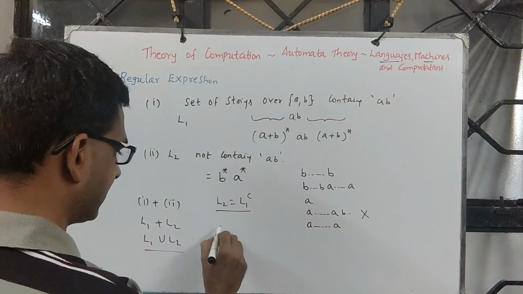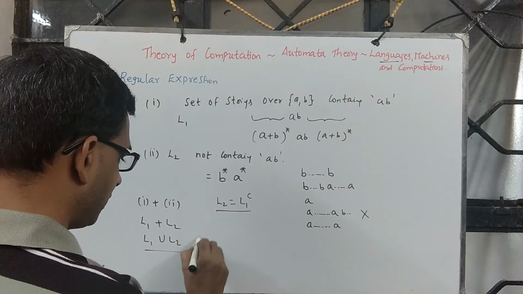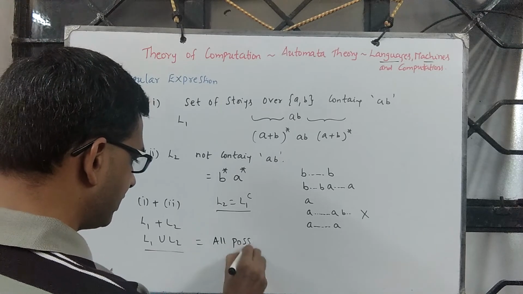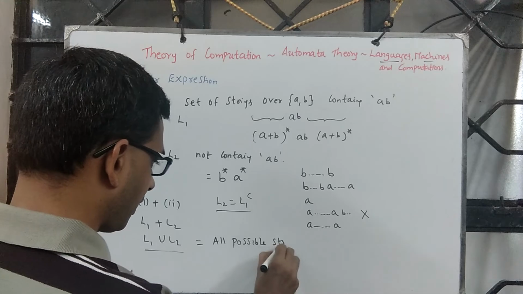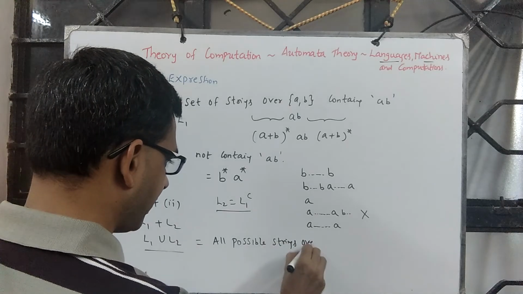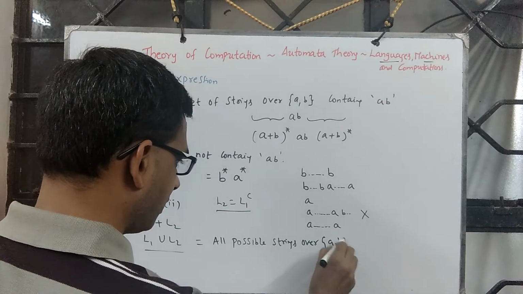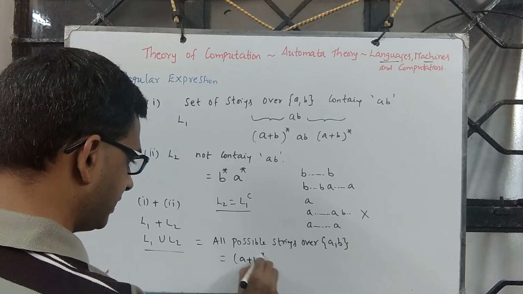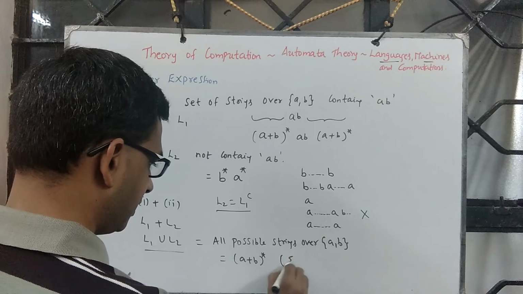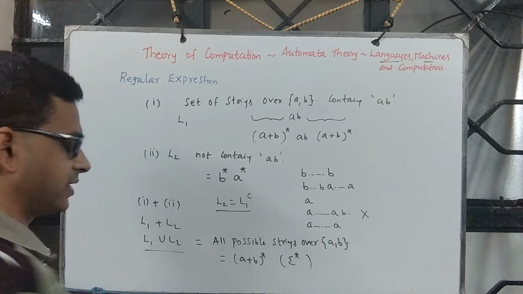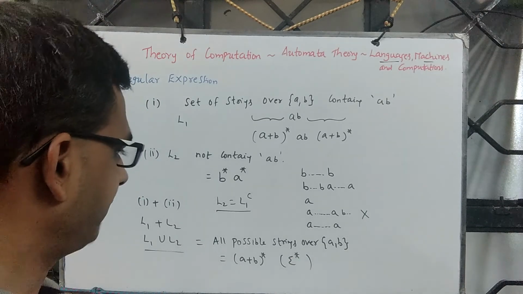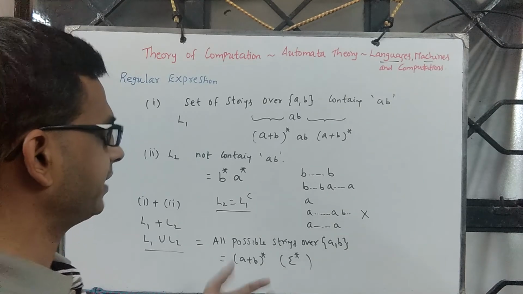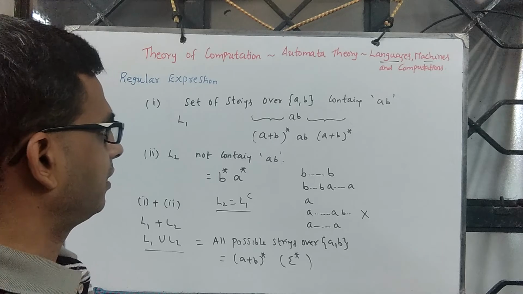The parent set is sigma star, which means 1 plus 2 is all possible strings over {a, b}. What is this? This one is (a+b)*, or this one is sigma star. Sigma is {a, b}, and all possible strings over sigma is precisely (a+b)*.